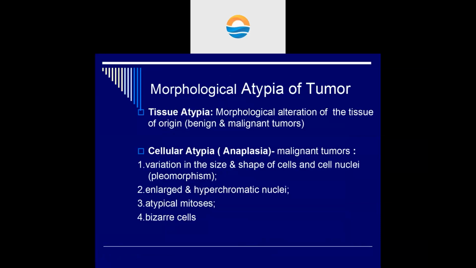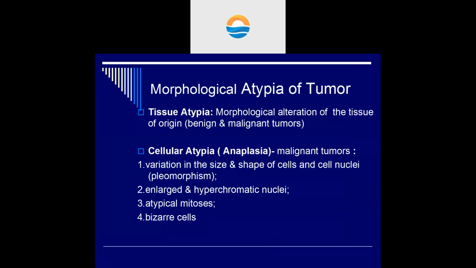You must remember about morphological atypia of tumor, tissue atypia, morphological alteration of the tissue of origin. We can see tissue atypia in case of benign and malignant tumors, and cellular atypia or aneuploidy.